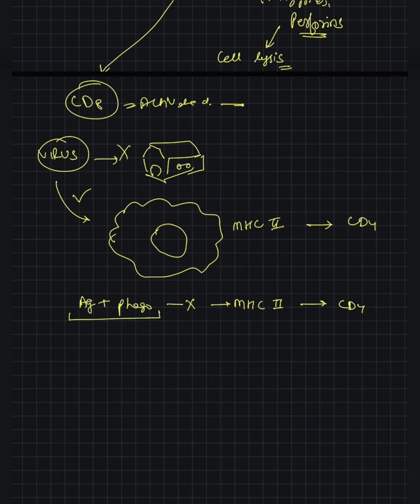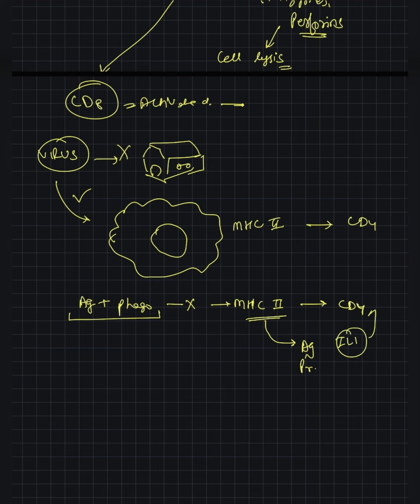MHC2 will take the viral antigen to CD4. MHC2 carrying the antigen towards CD4 is known as antigen processing, but after the release of interleukin 1, the CD4 gets activated.